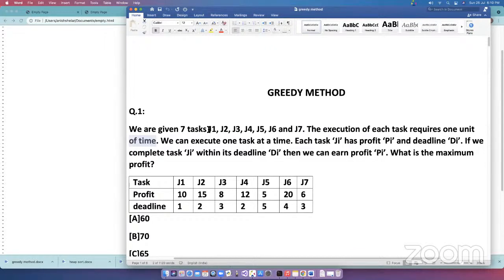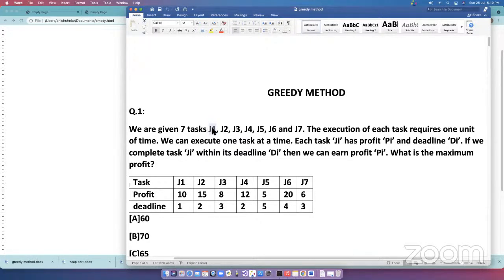So just imagine you start job J1 at time 0. Then this job will be finished at time equal to 1, because exactly 1 time unit is needed to do any job.